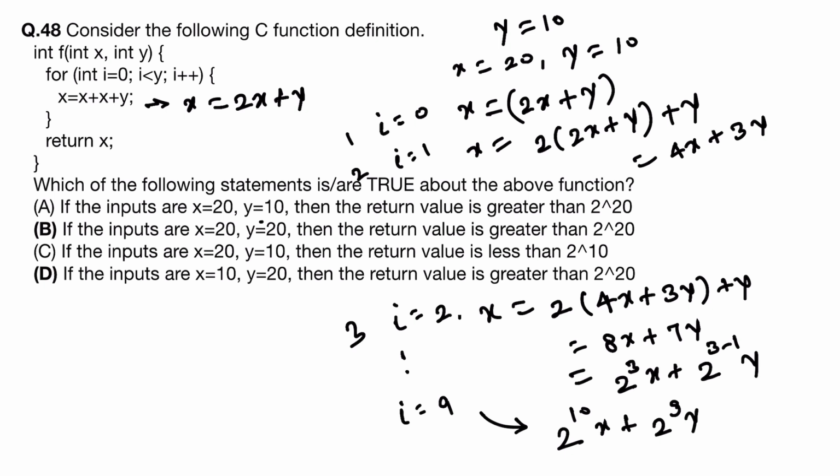And what are this 10 and 9? This is the value of y. So if we generalize this one, this will be 2 to the power y x plus 2 to the power y minus 1 y. This is the generalized form. So now we can compare from here for all the conditions.